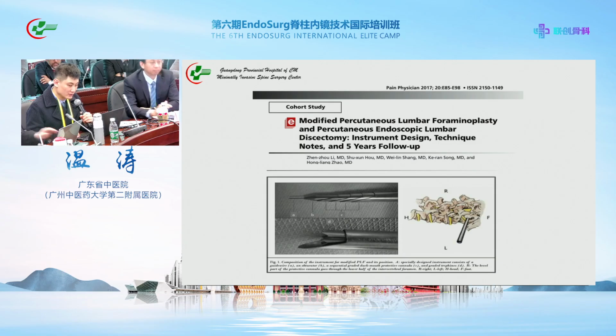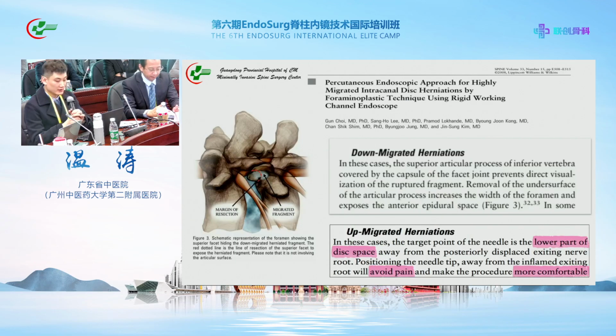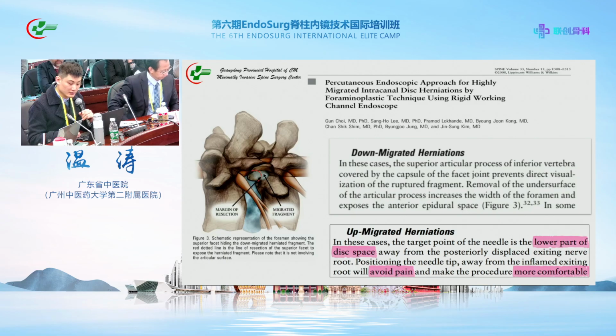And some cases have severe migration, like these cases. It is very difficult to expose the whole disc, and it will increase the surgical difficulty. For caudal migrated herniation, we will need to remove some of the ventral surface of the SAP and resect a partial of the pedicle to allow the endoscope to go downwards to directly observe the intervertebral disc.